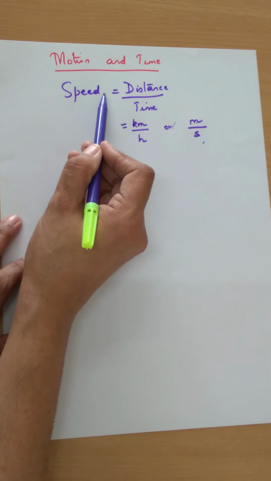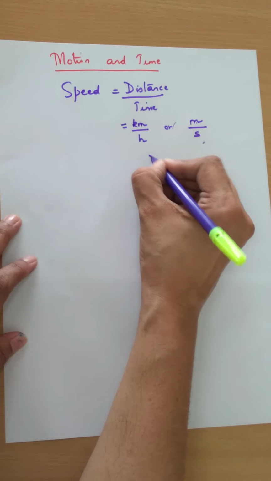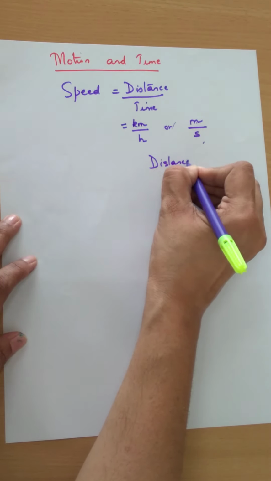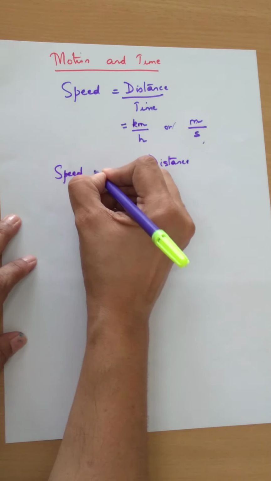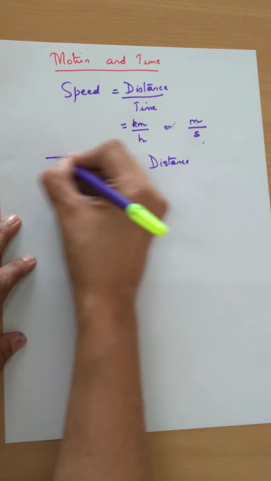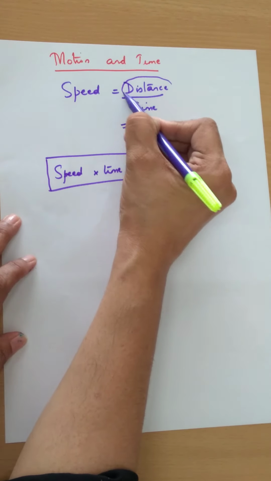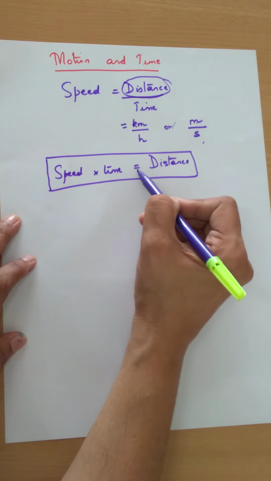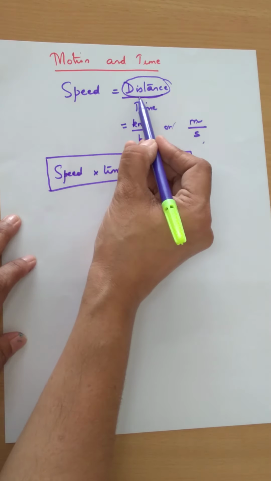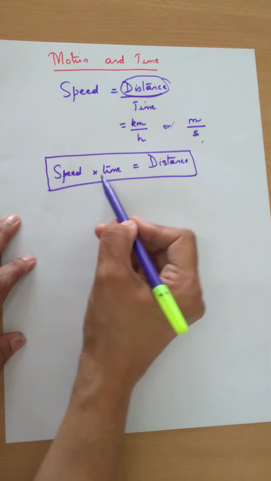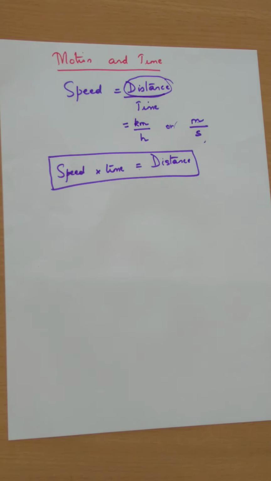So speed is distance upon time. From this formula, we can say that distance is nothing but speed multiplied by time. You keep distance on this side of the equal to sign, and speed on the left side, and this divided by time, when you take on this side, becomes multiplied by time.